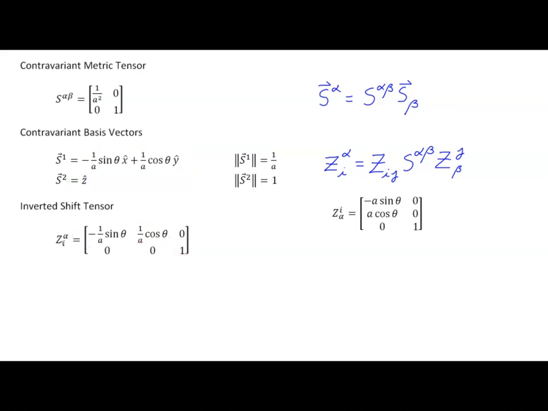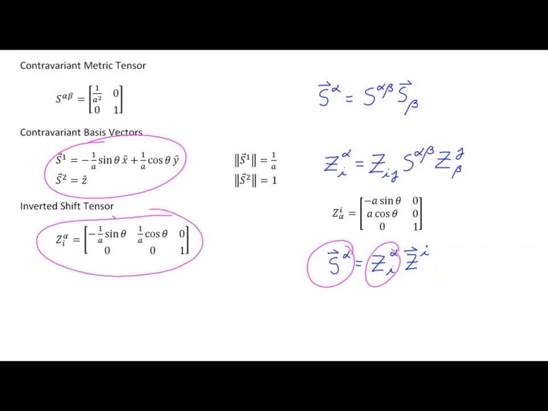Well, that's not a coincidence because you'll remember that the contravariant basis vectors here are just the contraction of our inverted shift tensor here times our contravariant basis vectors in the ambient space. So the fact that this and this match up is not a coincidence. It's going to happen every time.